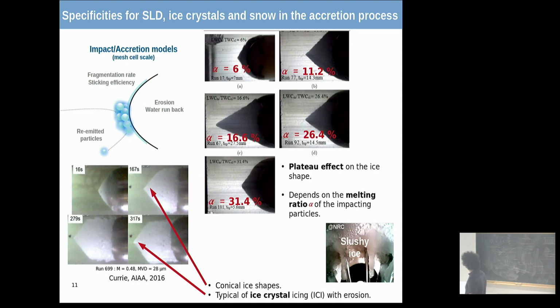That is to say, when the amount of liquid in the impacting particle, what we call the alpha here, increases, to begin with, the ice shape increases with the amount of liquid water up to a plateau, and when the liquid water increases more again in the impinging particle, the ice shape decreases. So we will explain it later, but there is a kind of plateau which is really typical of ice crystal icing.